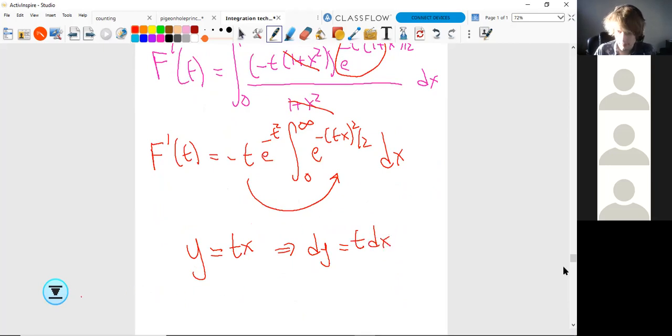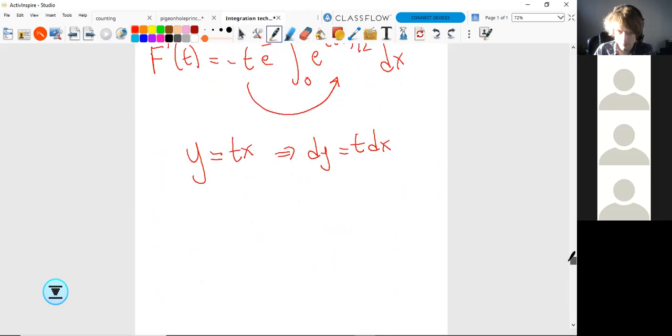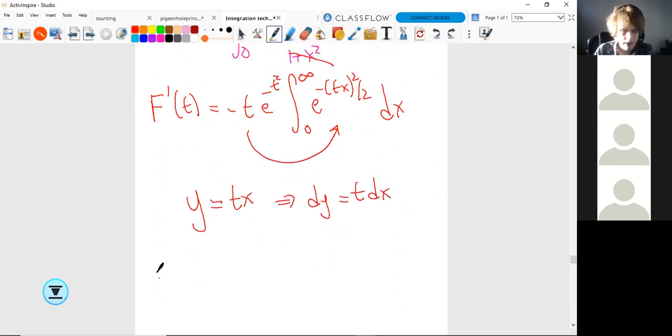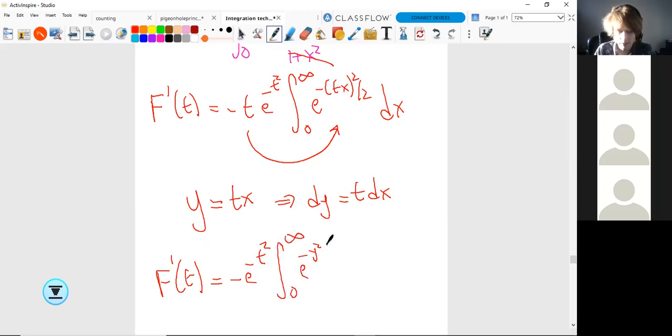So we have f prime of t is equal to minus e to the minus t squared, integral from 0 to infinity, e to the minus y squared over 2 dy.